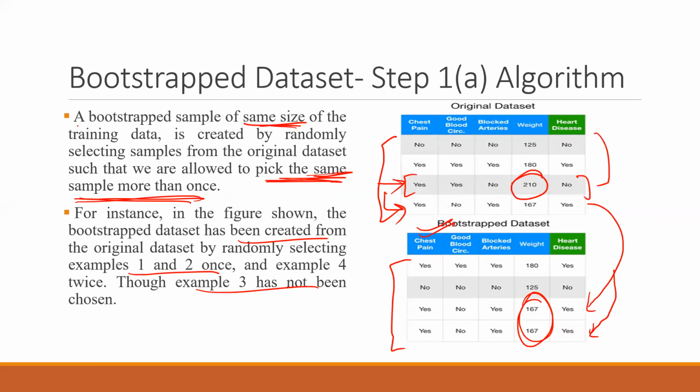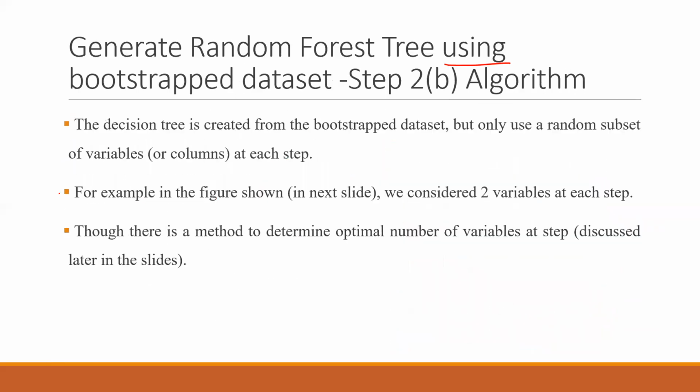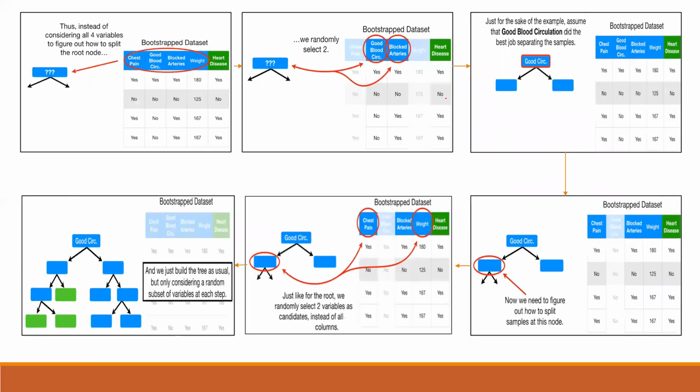We will be discussing how to implement this. Now this 1A has been done. Now 1B. So the decision tree is created from the bootstrap dataset, but only using a random subset of variables at each step. For example, the figure shown on the next slide. We will see it again.